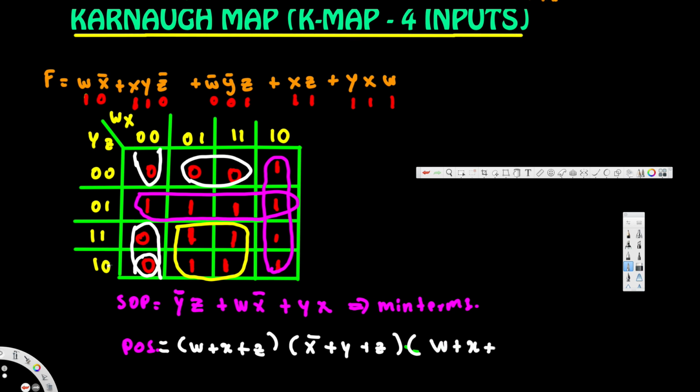And if you look at y and z, y is not changing, but it's 1, so we have to change this one into 0, so it has to be complemented. Z is changing, so we don't have to write that one. So this is going to be the expression for this, max terms. Okay, max terms. This is product of sum, in other words, max terms.